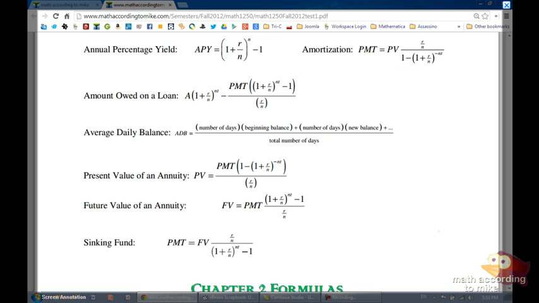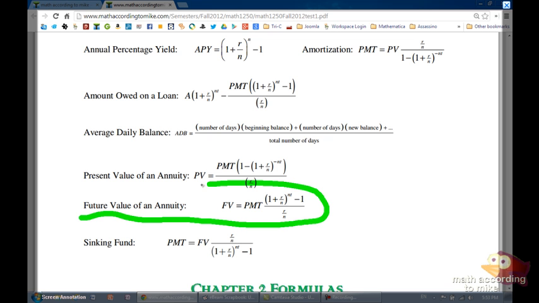Future value annuity, as the name implies, will tell you based on your payment how much you'll have in the future. This is very similar to compound interest. They both tell you how much you have in the future, but the big difference is, with compound interest, you're putting the money away how many times?